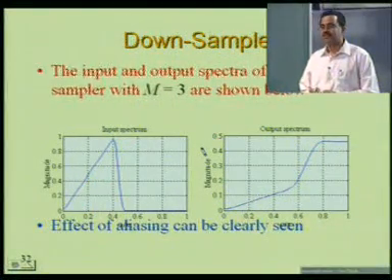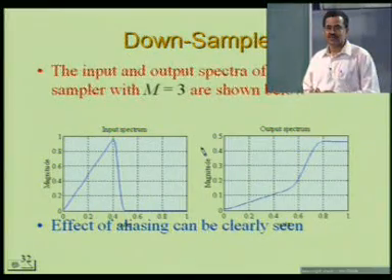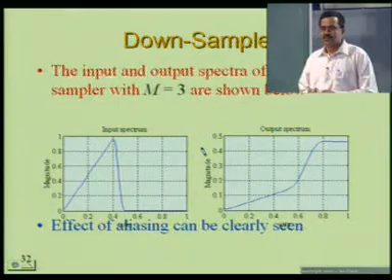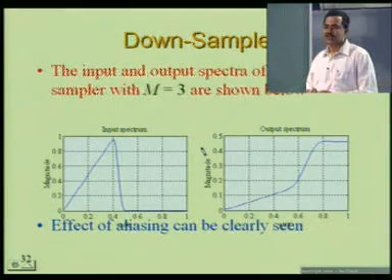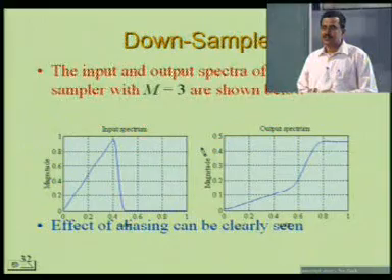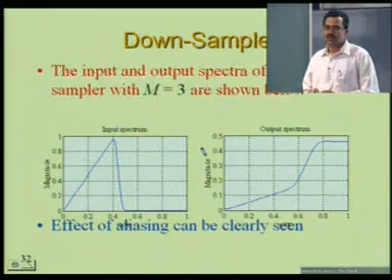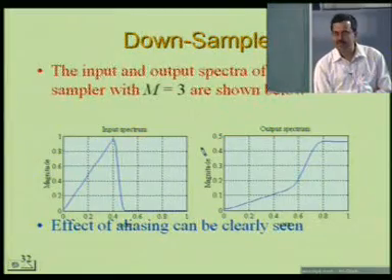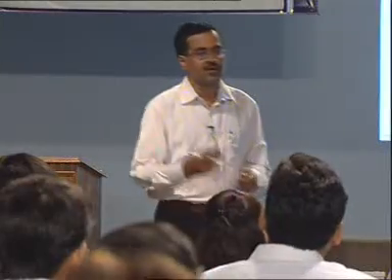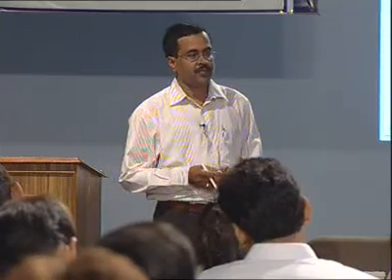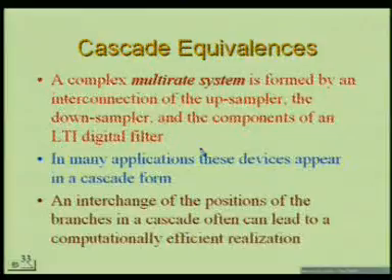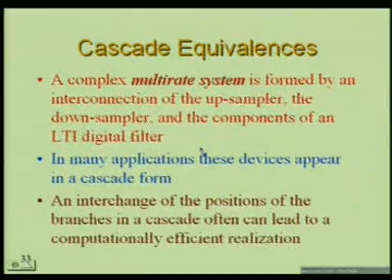If you try to recover the original baseband signal, then some information will be lost. So, this is what I mean by the aliasing effect of the downsampler. So, one must be very careful while designing a downsampler for sampling rate conversion.